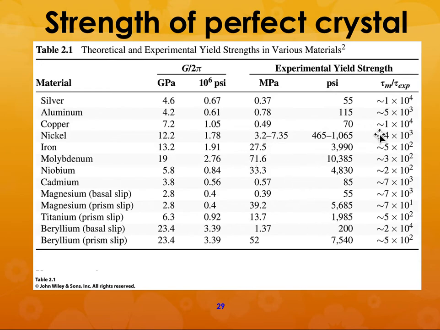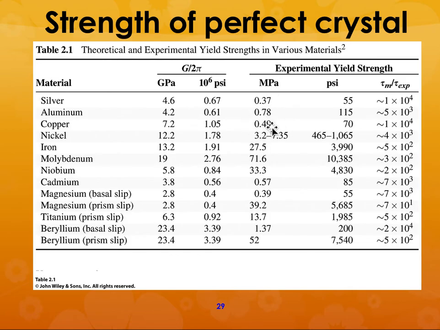But you can see that if you experimentally calculate it, the shear stress value needed to move those atoms is much less than what is theoretically predicted. For example, for copper it is 7.2 gigapascals, but experimentally it is only 0.49 megapascals.